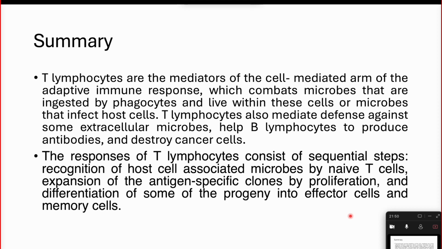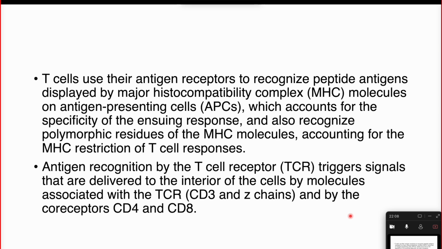The response of T lymphocytes consists of sequential steps: recognition of host cell associated microbes by naive T cells, expansion of the antigen specific clones by proliferation, and differentiation of some of the progeny into effector cells and memory cells.